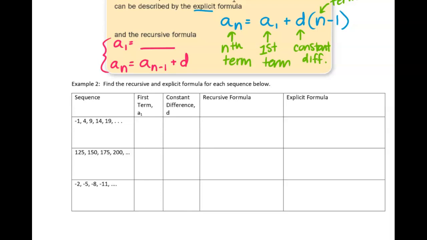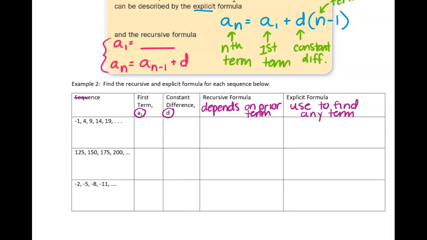So we have our sequence. We'll do our first term, our constant difference d, the recursive formula, which depends on the prior term, and the explicit formula, which you can use to find any term.